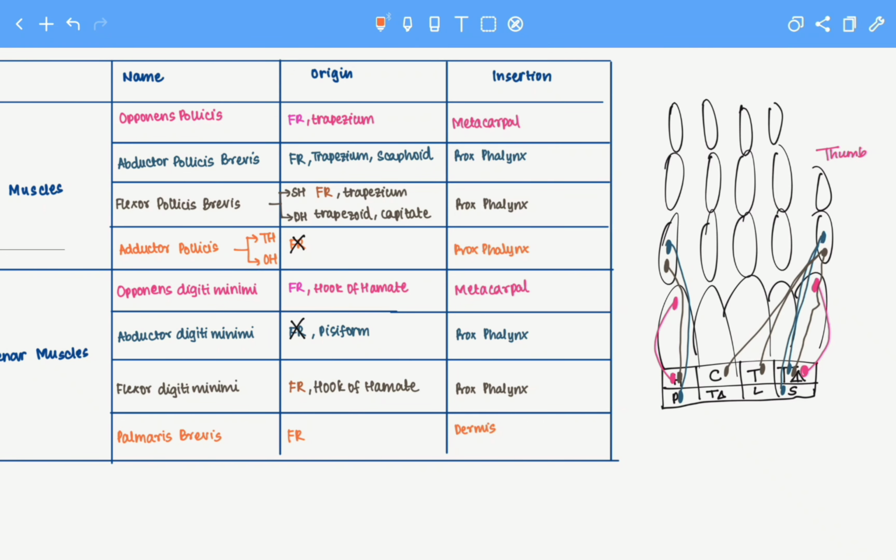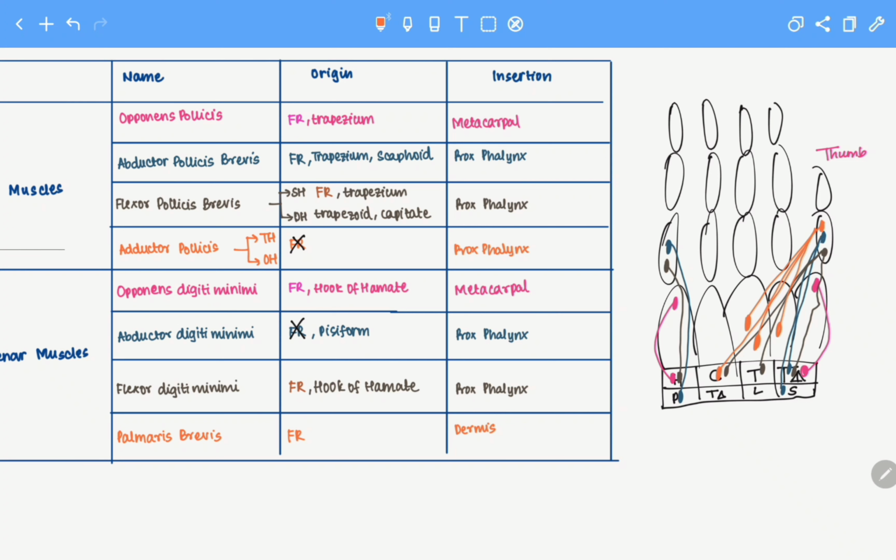The transverse head of the adductor pollicis originates on the third metacarpal, inserting onto the proximal phalanx, while the oblique head will originate on the second, third metacarpal and the capitate bone. So if you notice, it's like a diagonal. It originates on the second, the third and the capitate bone to insert onto the proximal phalanx.